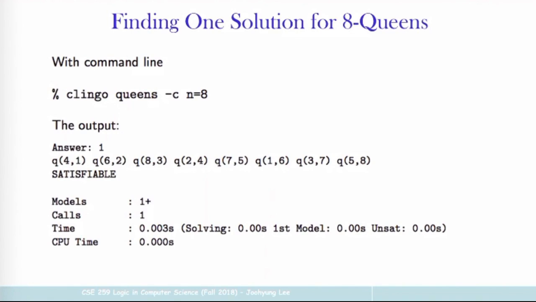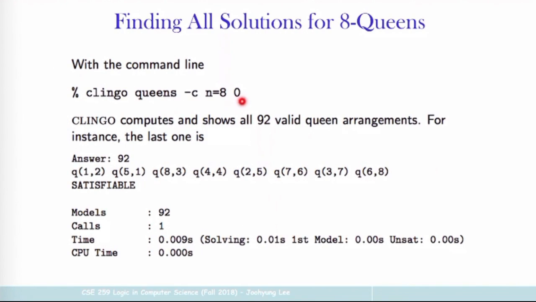In fact, if you run the code, Clingo is the engine that we are going to use among the many other answer set solvers. If you type this in the command line, this is the file name, and this is the parameter n, which is now 8, so it's an 8 by 8 grid, then it will find the solutions. You can find all solutions if you put 0 at the end, and it will generate all 92 solutions.